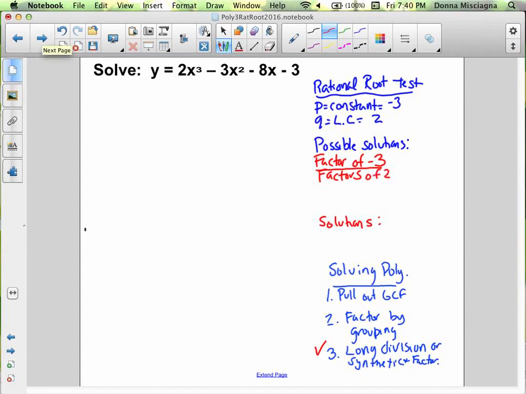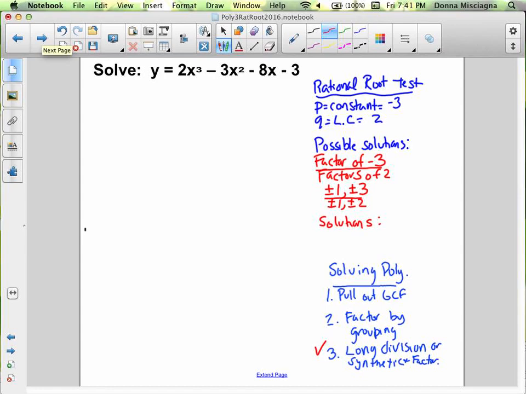The factors of -3 are positive and negative 1, and positive and negative 3. The factors of 2 are positive and negative 1 and positive and negative 2.